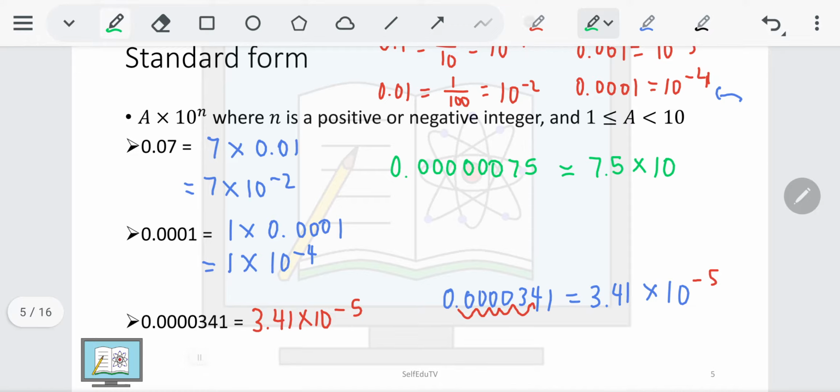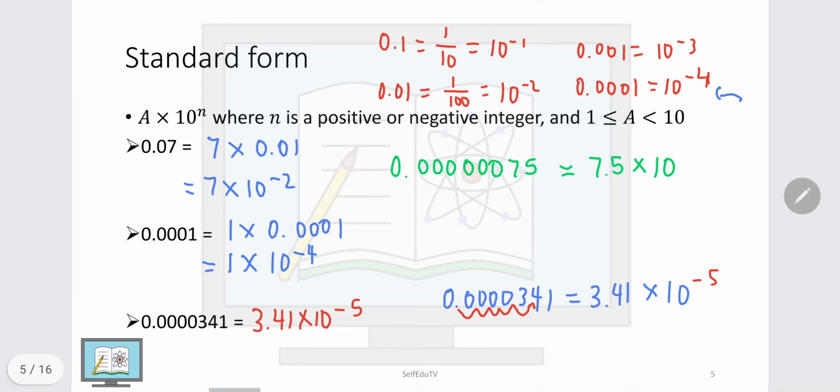How do we find it? We shift the decimal point until it's 7.5. Initially it was here. So 1, 2, 3, 4, 5, 6, 7. So negative 7, knowing that the number is small, so we put a negative there. This is how you can change it in just a single step.